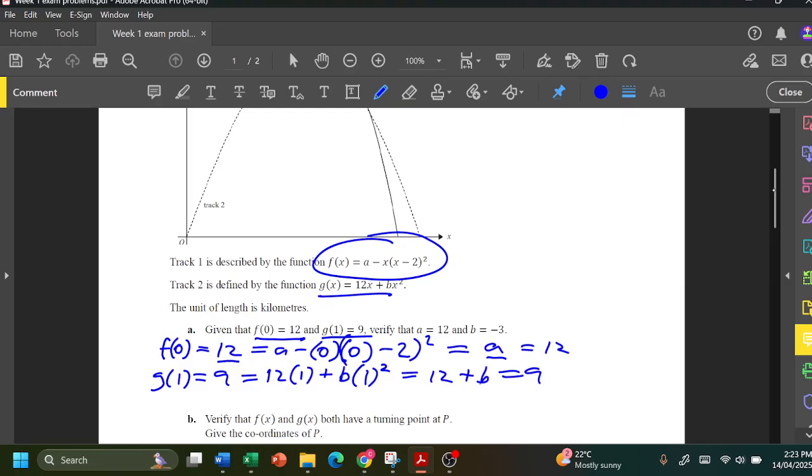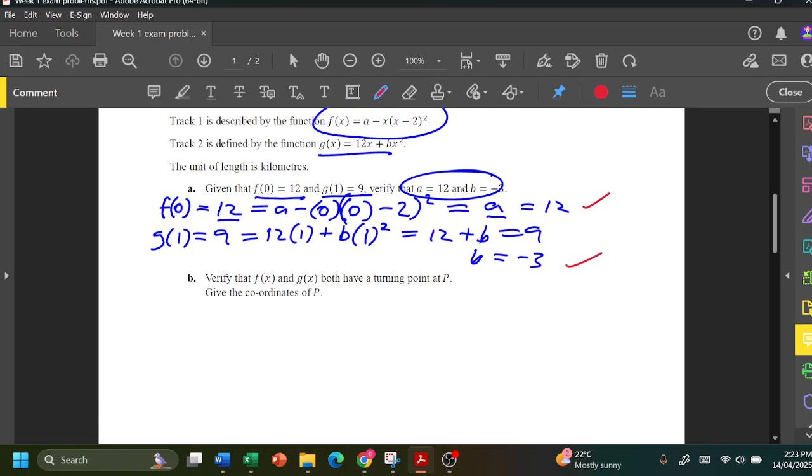In order to solve for b, we use a little bit of algebra: subtract 12 from both sides, and we get that b is equal to negative 3. These are, of course, the values that we were trying to find, so we have successfully found each of the values correctly.